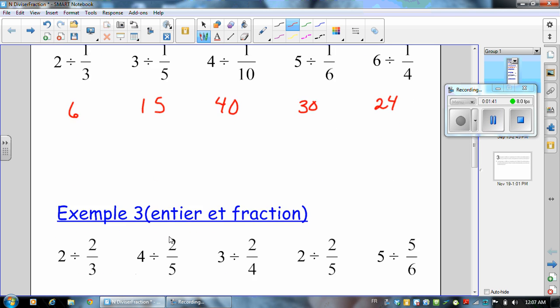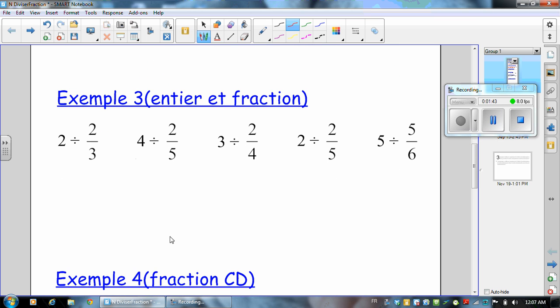Let's take a look at dividing by non-unit fractions. So how many 2/3 are there in 2? The answer is 3, but if you don't see it, I recommend using a number line and actually showing how many 2/3 there would be in 2.